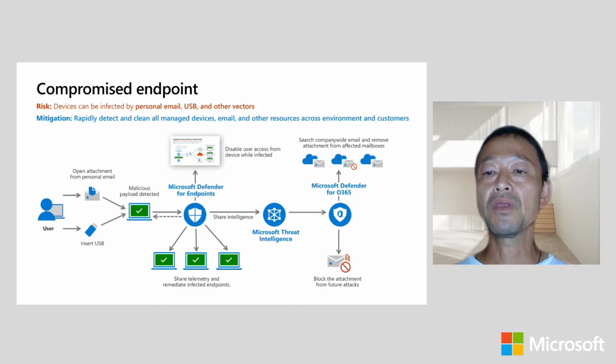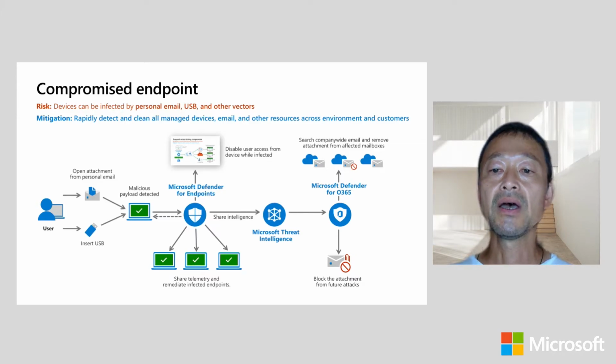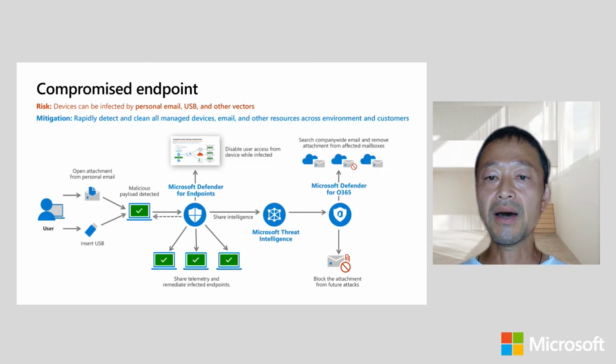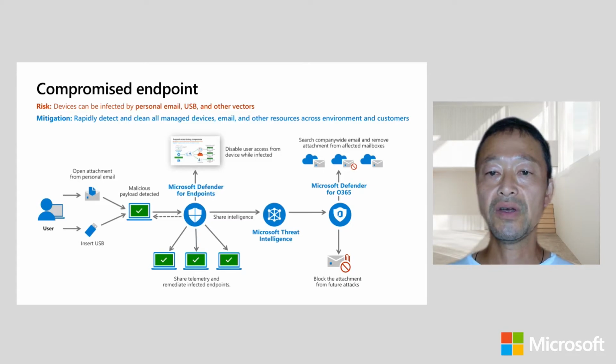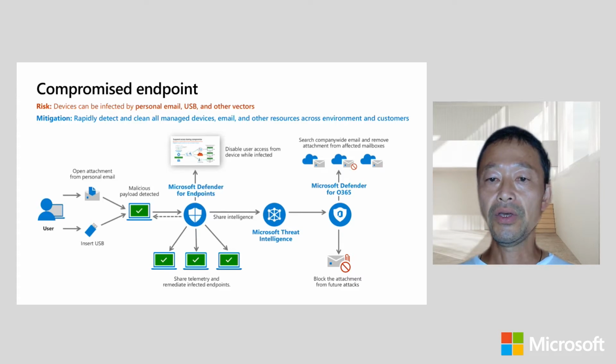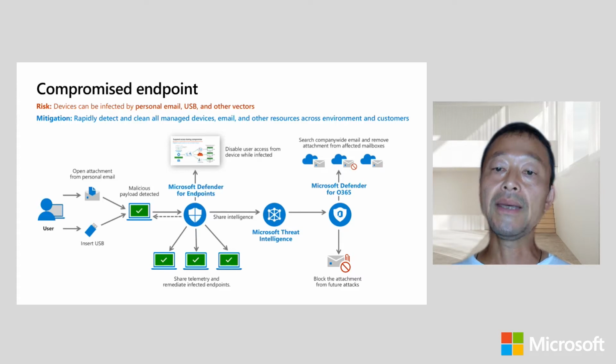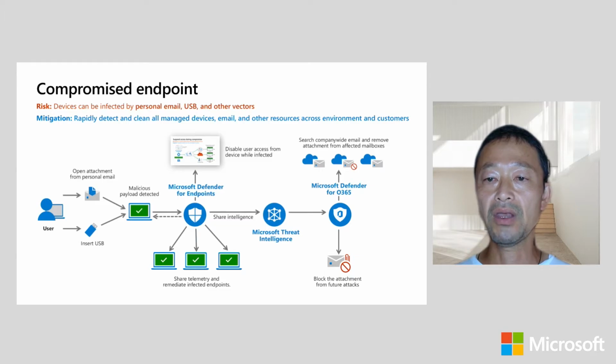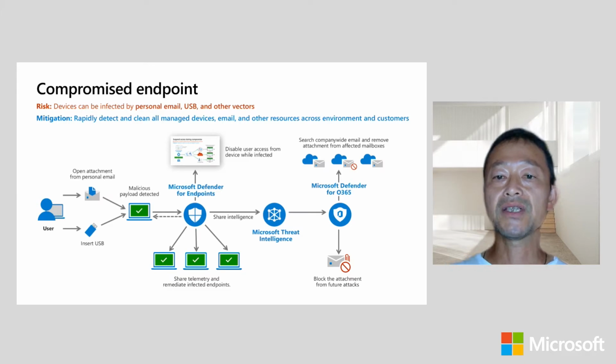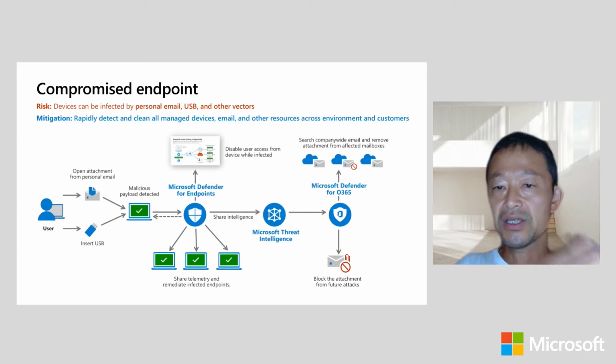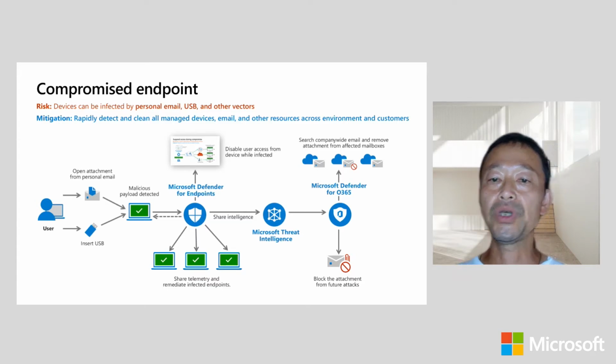Most of the time, the entry point could be the email mailbox. So if you are using Microsoft Defender for Office 365, the mailbox is also searched. Suppose you are infected through an email attachment. Once that information is shared to Microsoft Defender for Office 365, Office 365 searches for the same type of attachment in the mailboxes of other employees.